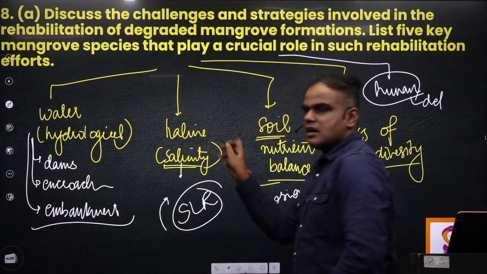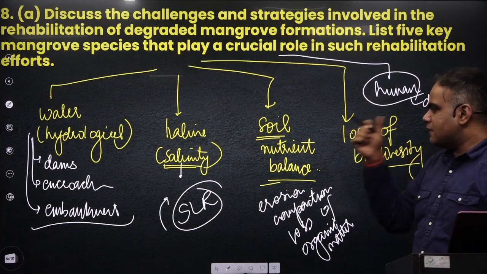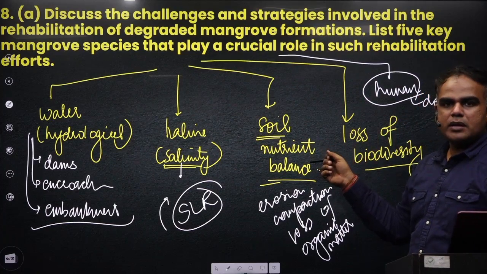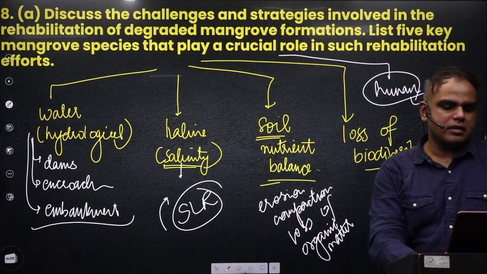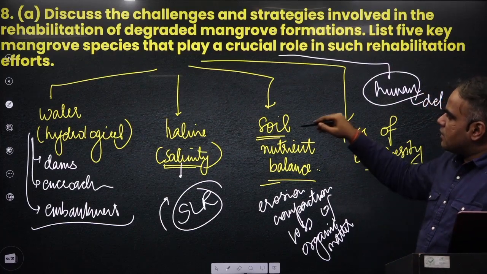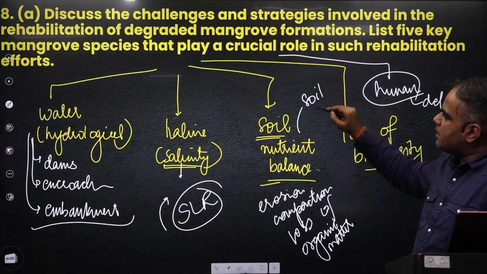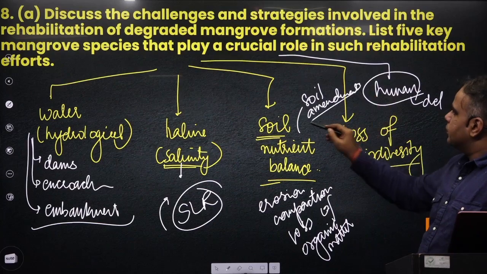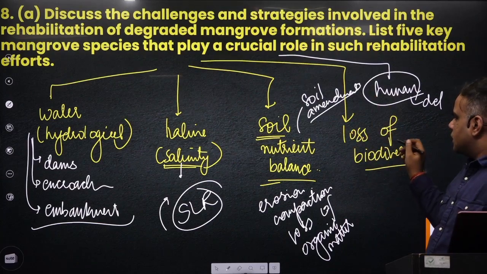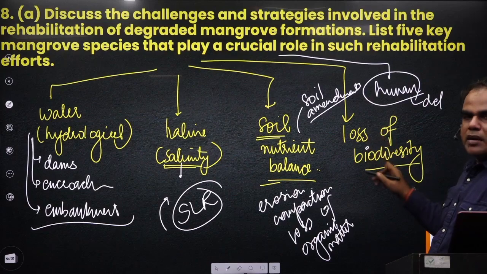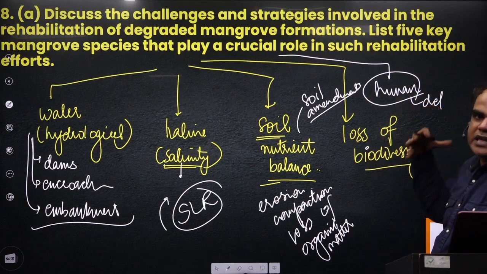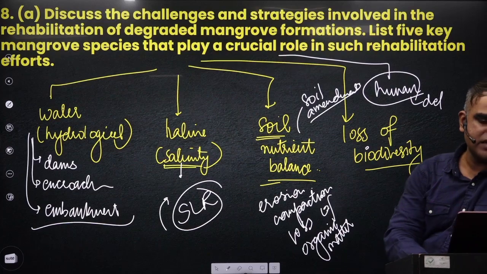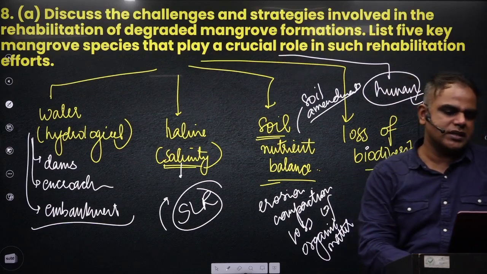Same for soil, we can help it. Again and again I've talked about soil amendments, one example of which was vermiculite. Restoration of soil biodiversity or overall biodiversity can happen. Human effects can be minimized. These are some of the ways through which we can go about this.